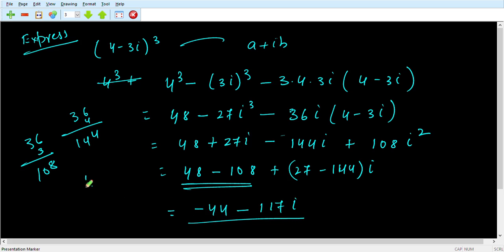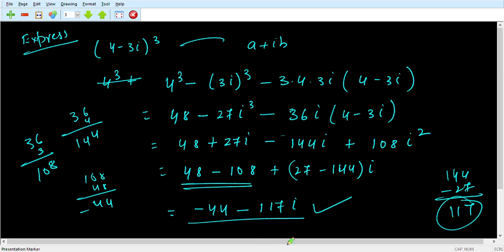When you subtract 108 from 48, you will get minus 44, and 144 minus 27 will give you 117. So yes, we have written it correctly. The value of a will be minus 44 and the value of b will be minus 117. If you want a question bank of complex numbers, you should test me.